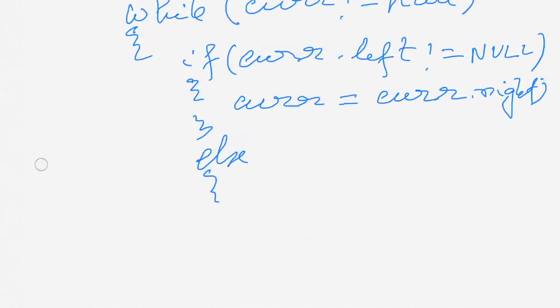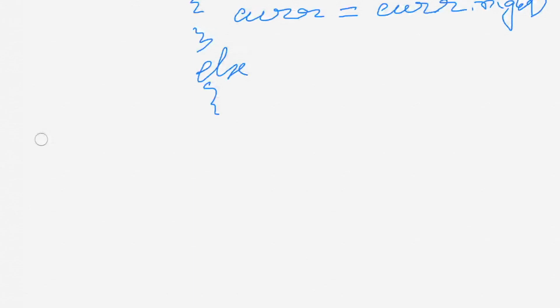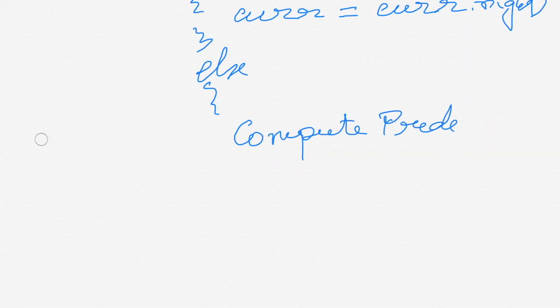Else, if we have a left subtree, then we compute the predecessor. And the chapter on Morris post-order traversal on our website, thealgorists.com, has the full working code on how we would do each step here, how we would compute the predecessor, how we would know if it is the first visit.